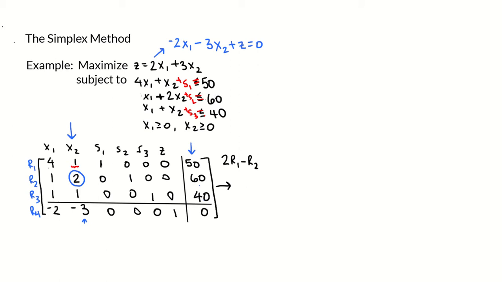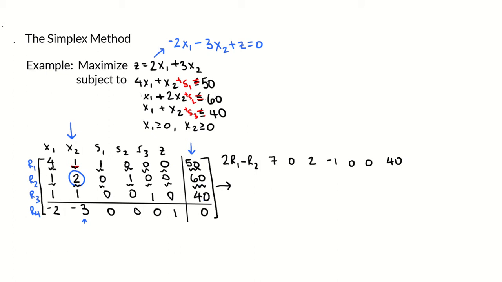So 2 row 1 for this first spot would be 2 times 4 minus 1 would be 7. 2 times 1 minus 2 would be 0. 2 times 1 minus 0 would be 2. 2 times 0 minus 1 would be negative 1. 2 times 0 minus 0 is 0. 2 times 0 minus 0 is 0. 2 times 50 minus 60 is 40, because that's 100 minus 60, so 40. And that's our new first row, which we replaced with 2 row 1 minus row 2.